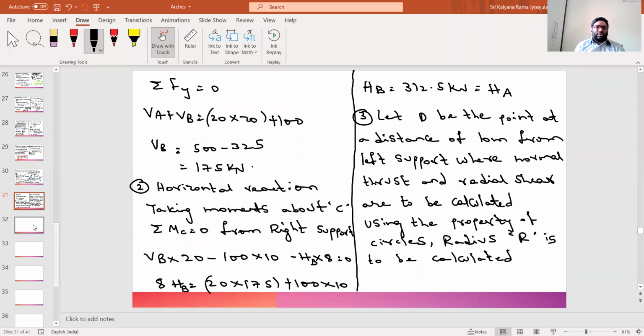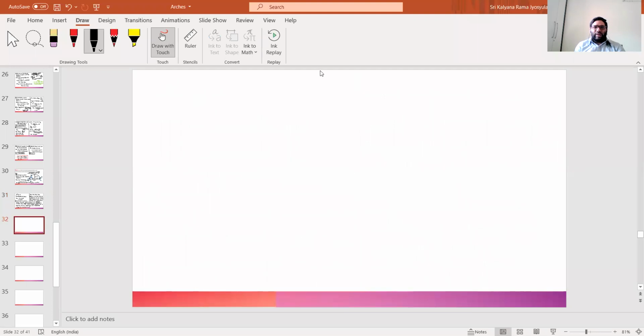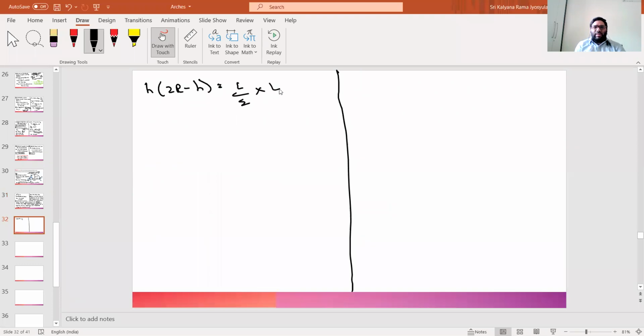So how do we do that? h into 2r minus h is equal to L by 2 into L by 2. This is the property of circle.